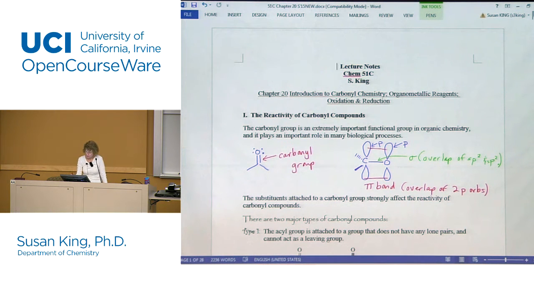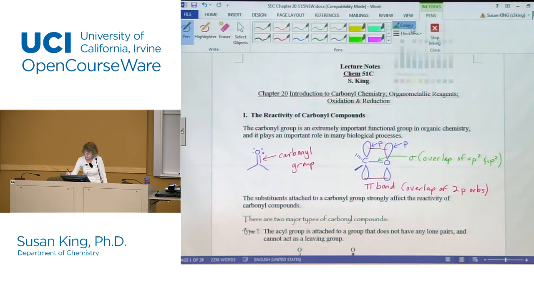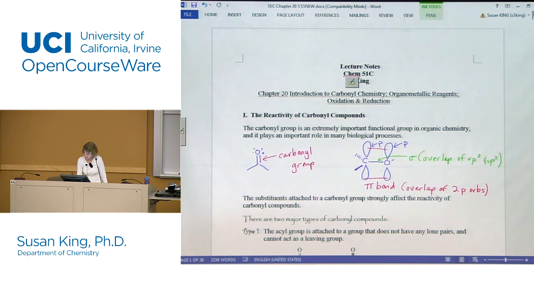And so then we also have lone pairs on oxygen. Let's draw on the lone pairs. What type of orbitals are the lone pairs on oxygen in? Anybody? Oxygen's sp2 hybridized, so these must be in sp2 orbitals, right?